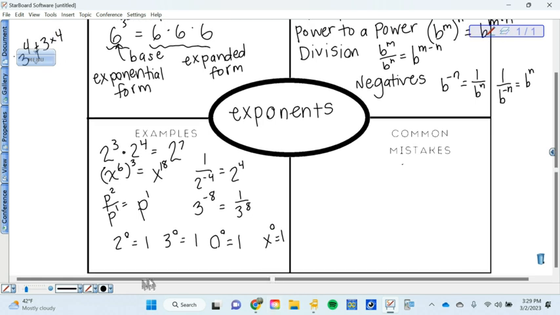Anything raised to the 0, x cubed, y squared, z to the 8th power, all raised to the 0, it's 1. Pi raised to the 0 is 1. I raised to the 0 is 1. E raised to the 0 is 1. Anything raised to the 0 is always 1. Okay?